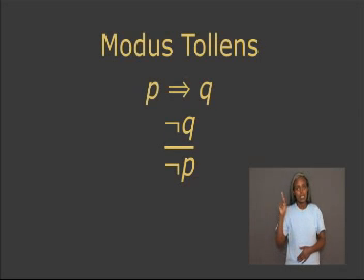This is the modus tollens. It states that whenever, if P, then Q is true, but Q is false, then P is also false.